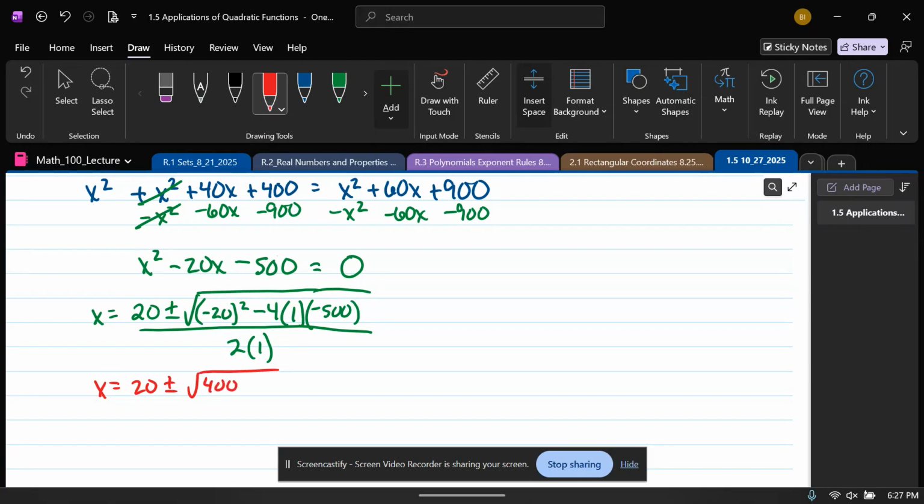That's 400 plus 4 times 500, which would be 2,000. Is that right? Yeah. So I have 20 plus or minus the square root of 2,400, over 2.